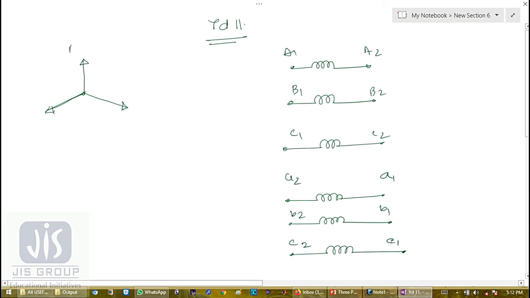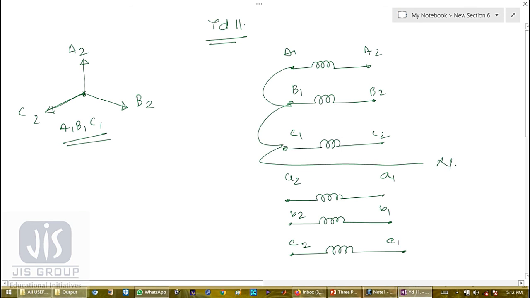So top is A2, right is B2, and this is my C2. So again A1, B1, C1 form the neutral. Okay, so connect A1, B1, C1, and this is forming the neutral point, and these are the terminals A2, B2, C2 of the three-phase supply side or HV side.